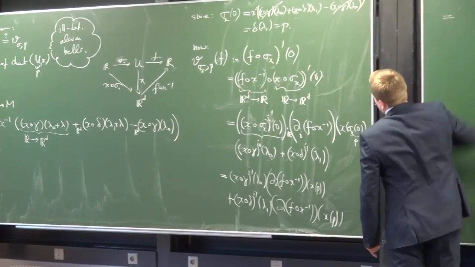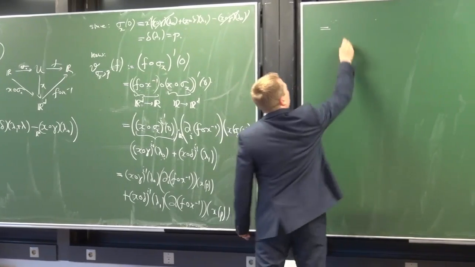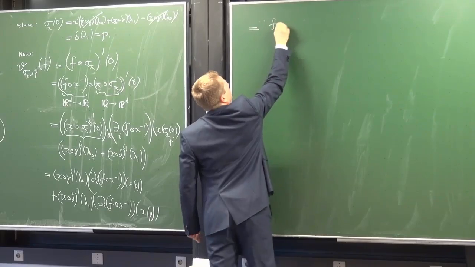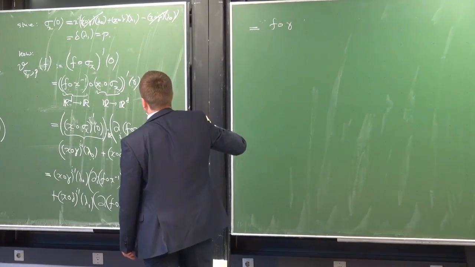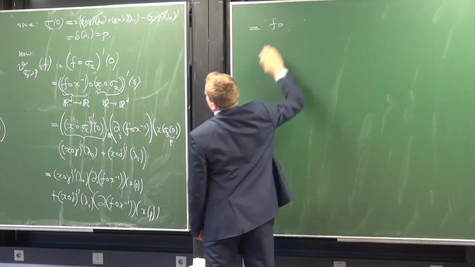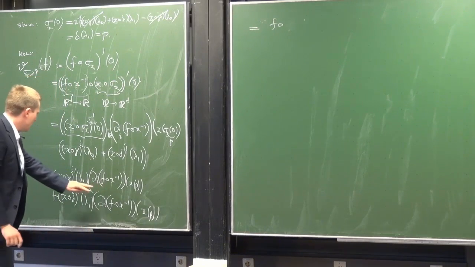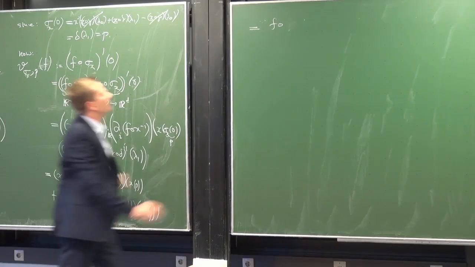And now I do the multi-dimensional undergraduate chain rule backwards, and what I get is f after gamma, hang on a second, I get f, so I get first this thing here, and then I can remove the others.